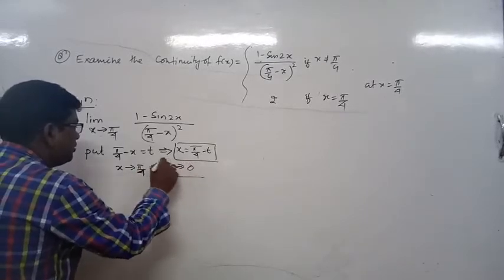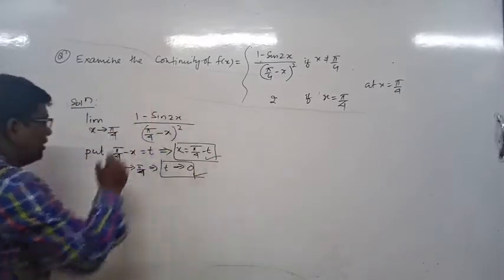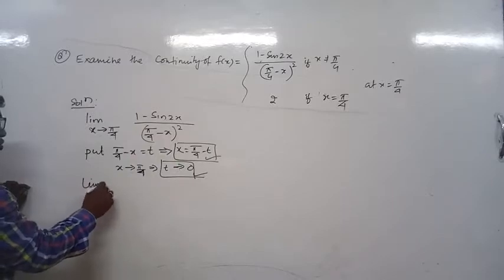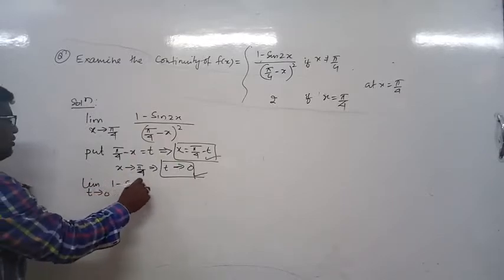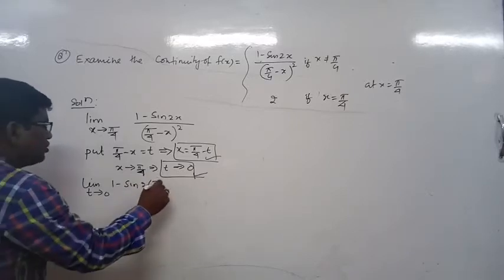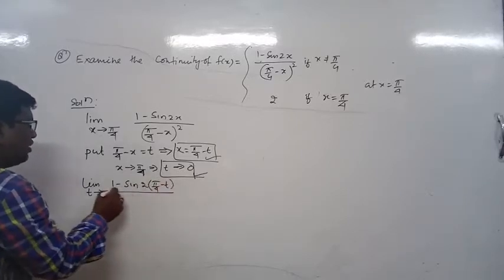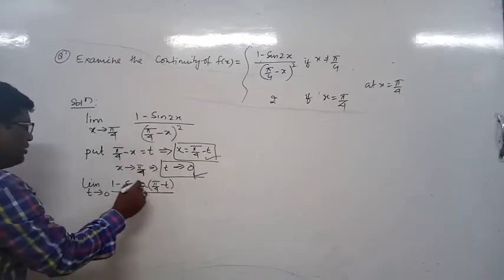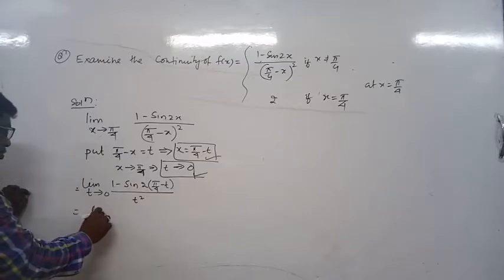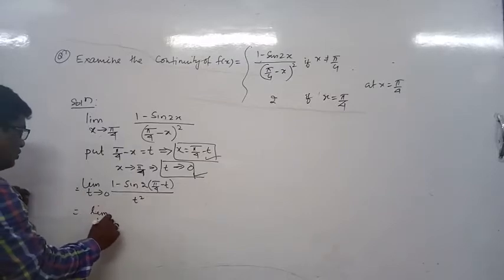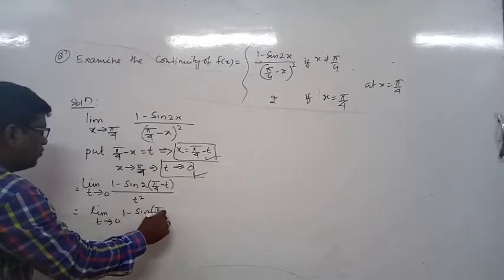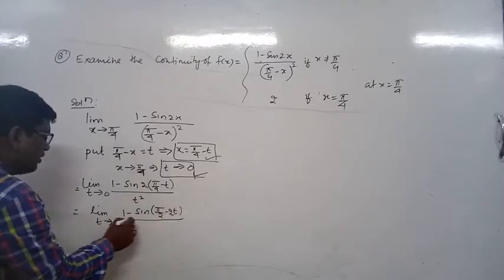Use this in the limit, that is limit t tends to 0, 1 minus sin 2 into pi by 4 minus t, divided by t square, which is equal to limit t tends to 0, 1 minus sin pi by 2 minus 2t divided by t square.